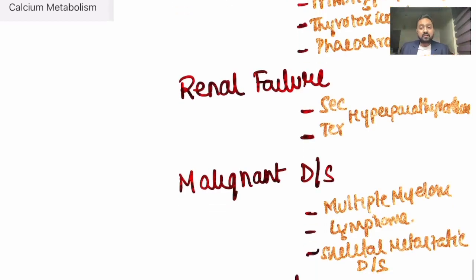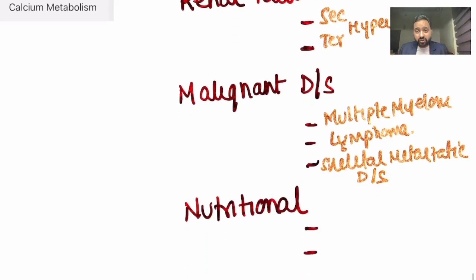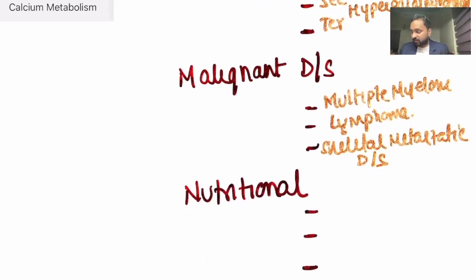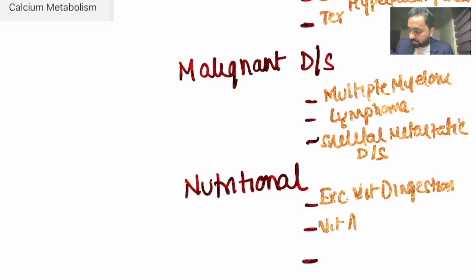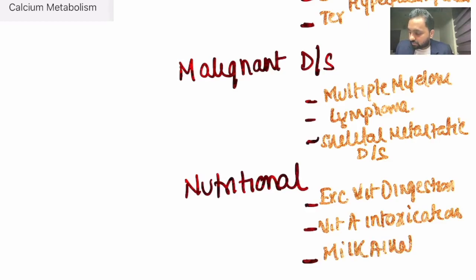Then we have some nutritional causes of hypercalcemia, which would include excessive vitamin D ingestion. It could be due to vitamin A intoxication, and also because of a syndrome known as milk alkali syndrome.